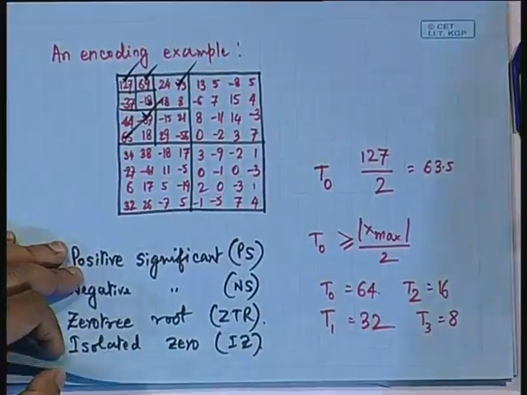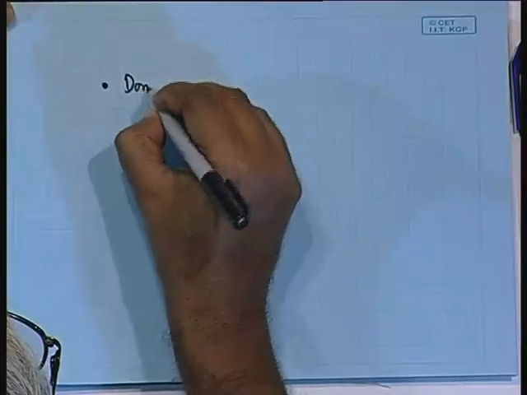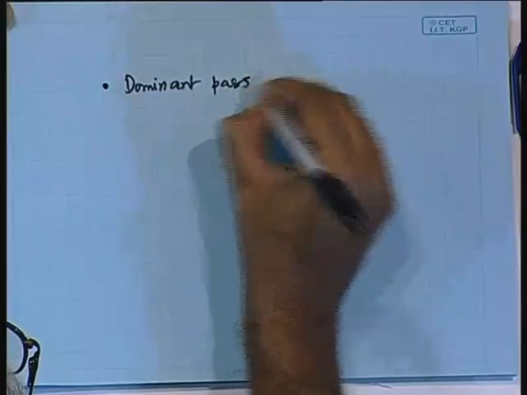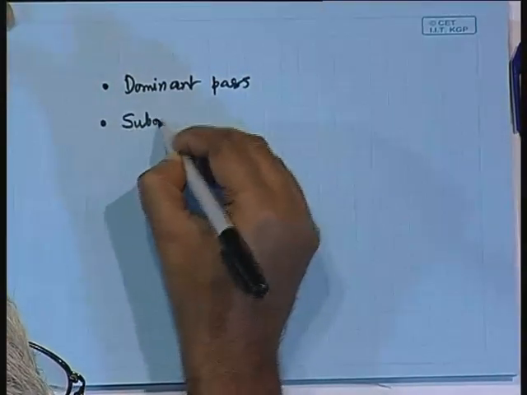Now, in this kind of a multi-pass encoding, every pass consists of two things. Each pass is subdivided into a dominant pass and a subordinate pass.